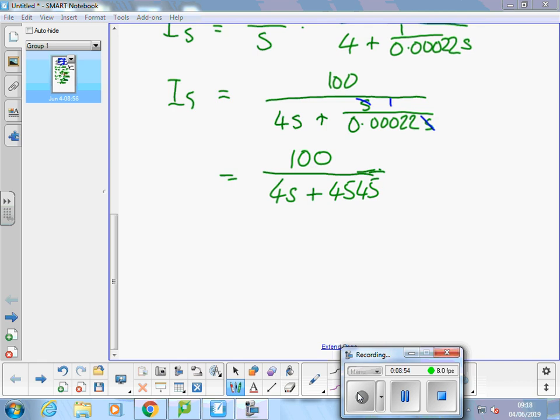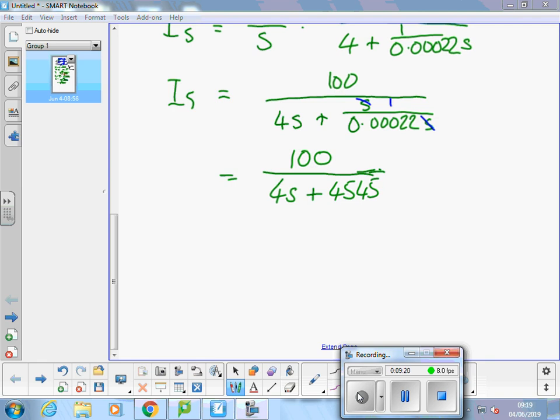Jasmine, what do we do next? What's one we need to aim for here? Remember, we're aiming for it to look like one of the expressions in the Laplace transform table. Yeah, we need to get s on its own.